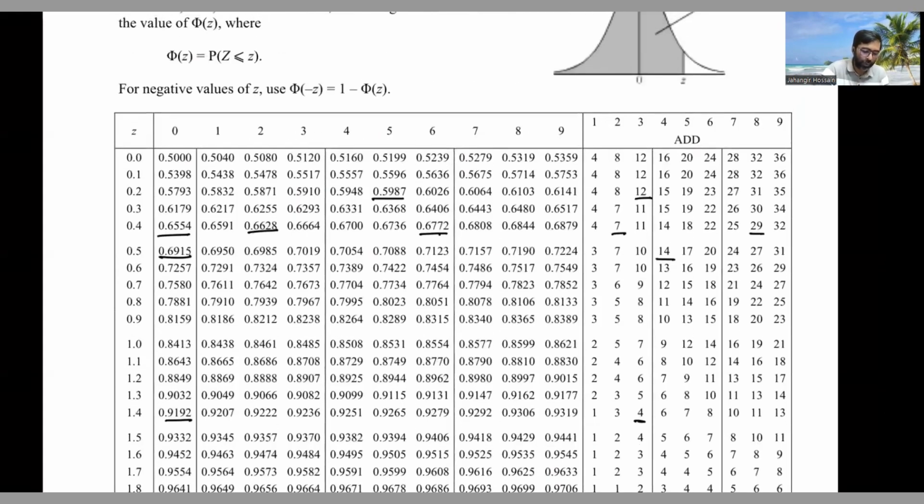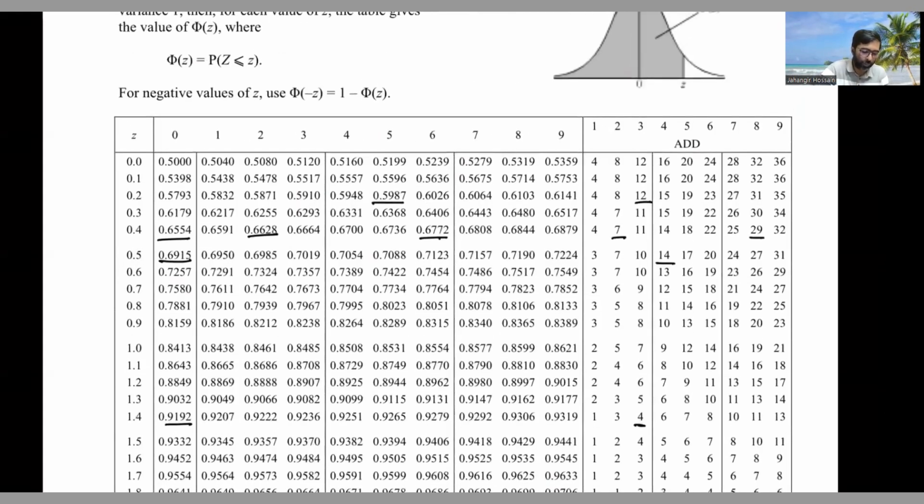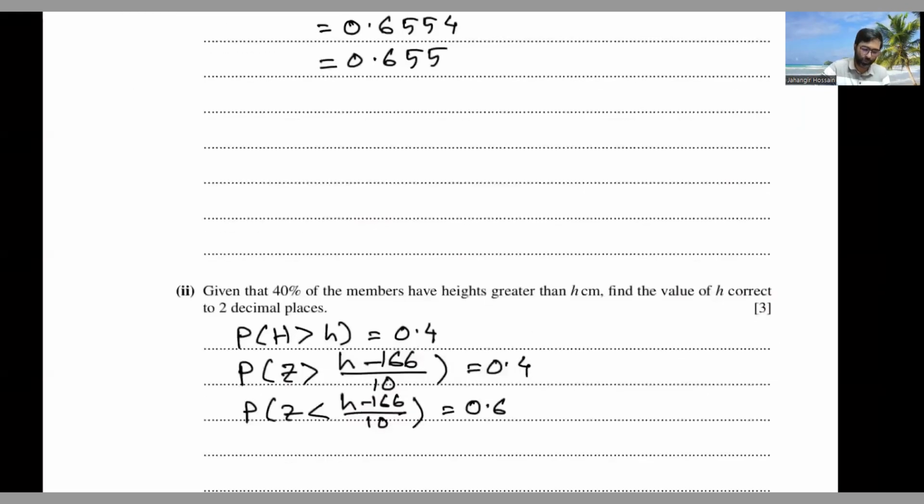We don't have the probability 0.6000. Rather, we have 0.5987, which is 12. Here we don't have 13, so we consider the closest, so we take this one, 0.253.